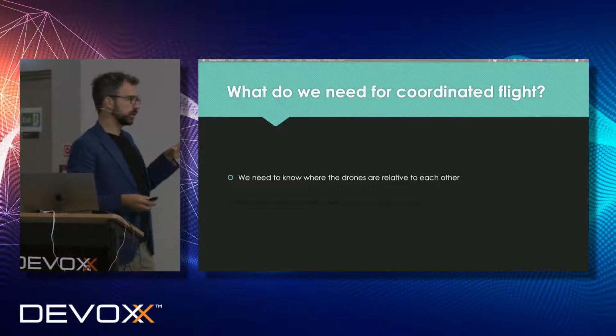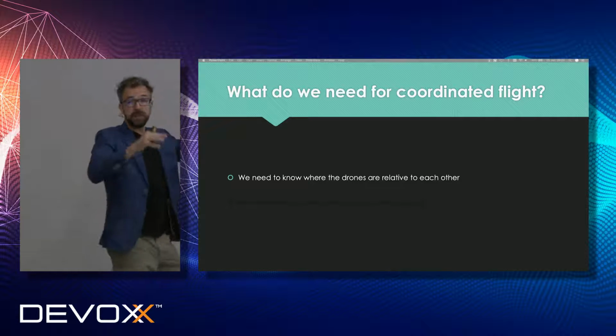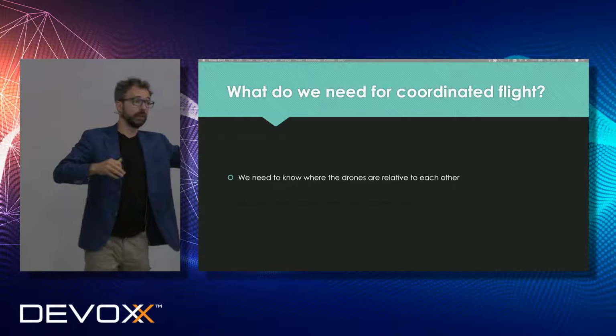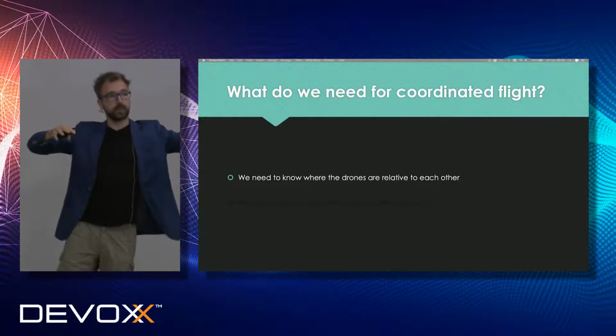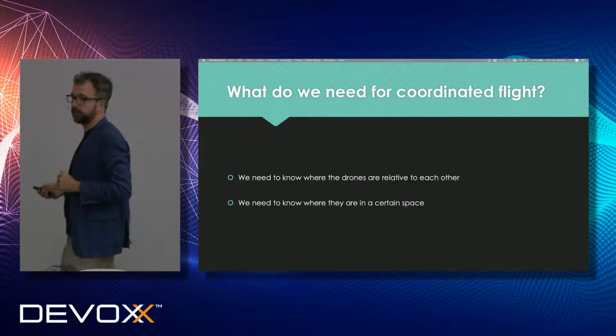The most important thing is that they need to know where they are relative to each other, right? If you have a drone here and another drone here, you don't want them to hit each other, so they need to know where they are relative to each other.